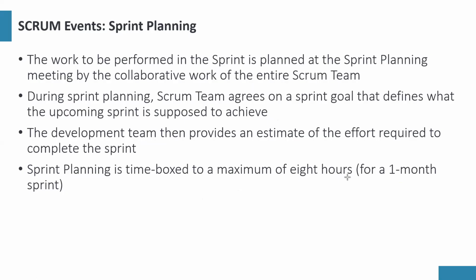I want to pick out something. In sprint planning, the team provides an estimate of the effort required to complete the sprint. Now, how do they do that? That's what we want to look at.